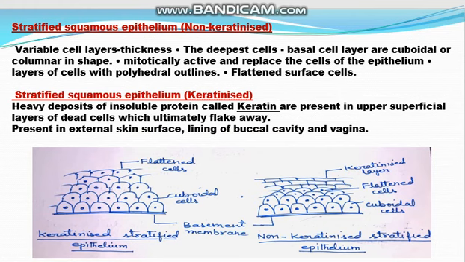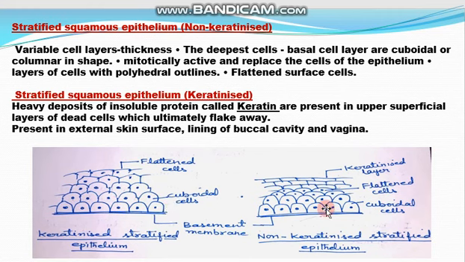When we say it is keratinized, it means it has keratin protein. There are heavy deposits of insoluble keratin protein in the upper layers of the dead cells, just like you see here in this diagram. So these are the upper cells, flattened cells, which are keratinized, and this is the basement membrane of the epithelial tissue, and these are the cuboidal cells.